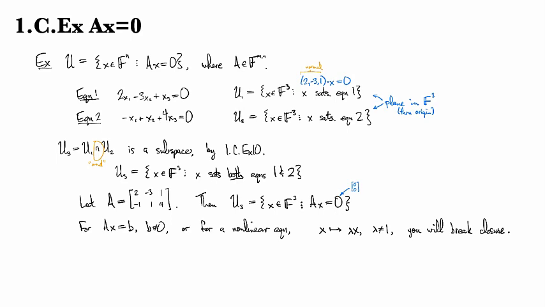So this is just a way to see that if your equation is not homogeneous or if it's not linear, then you end up not getting a subspace. And the reason why is just because this substitution will break one of the closure axioms.